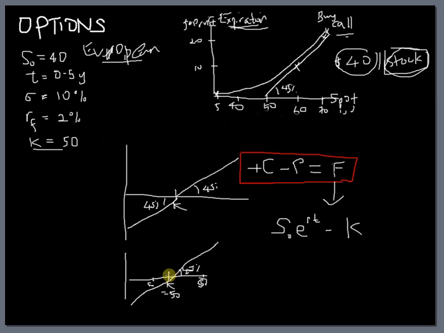Minus K, which is the agreed upon strike price of this forward that you agreed previously. Okay, so this will be the payoff at the end of maturity, and then you discount this whole thing back to the current period.